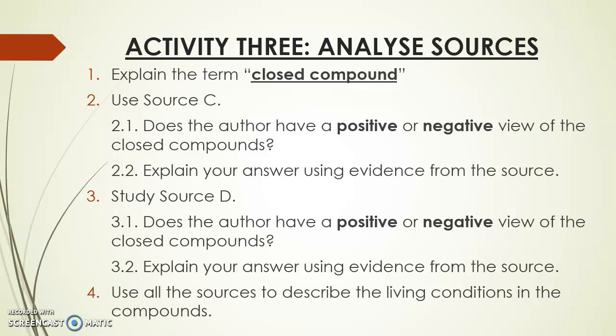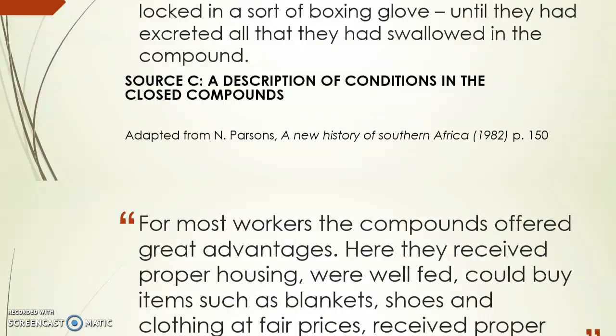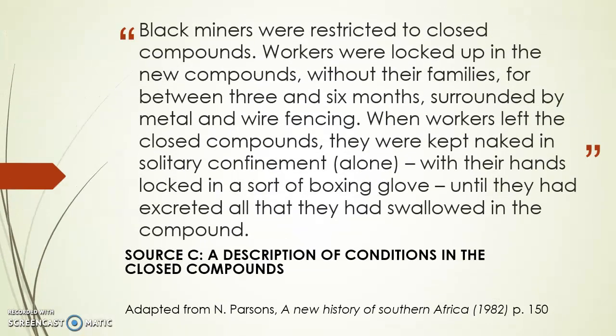Then, 2.2, explain your answer, and this is very important, using evidence from the source. So what we need to do is go to the source and extract a sentence or a phrase from the source that shows me that this person has a negative view of the closed compounds. So you could perhaps say, workers were locked up. The words locked up tell us that this is very negative.